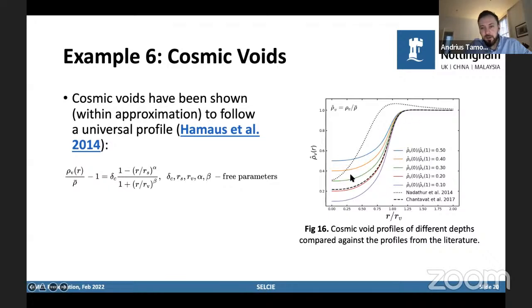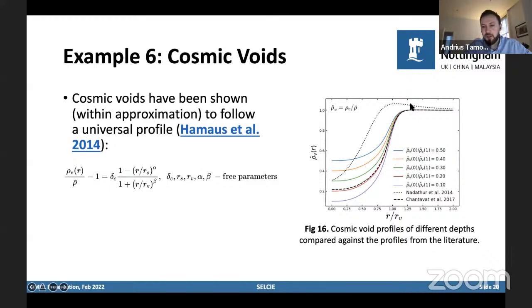So these are different density profiles for different depths. And the dashed and the dotted lines here correspond to some realistic void profiles that were fit by running simulations and using actual observational data. I think the Nadathur one is from SDSS and simulations, I believe, and the one from Chantavat and others from 2017 is using CMB lensing data and simulations, I think, as well.